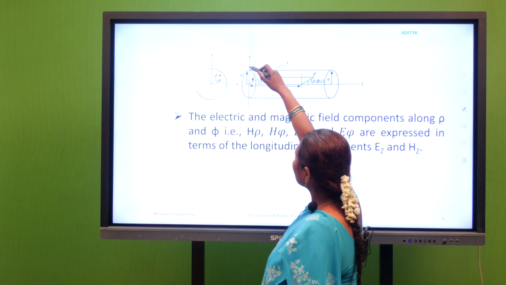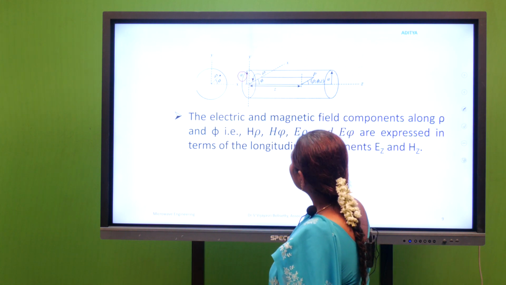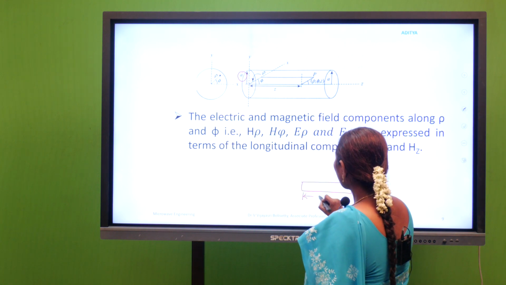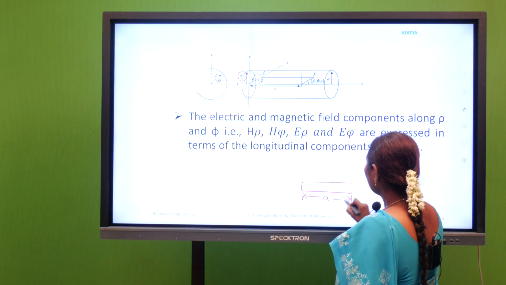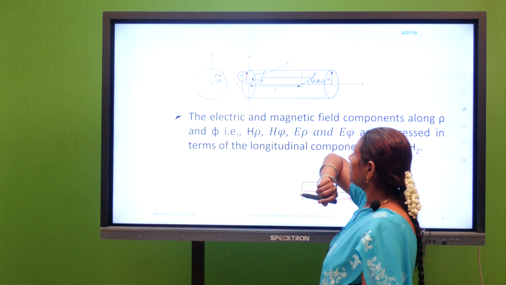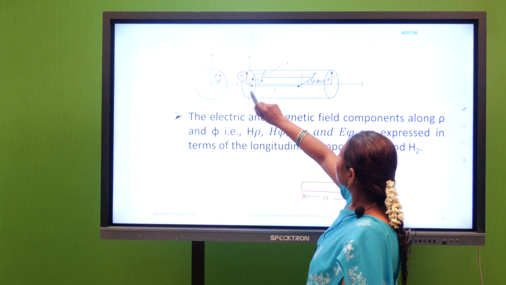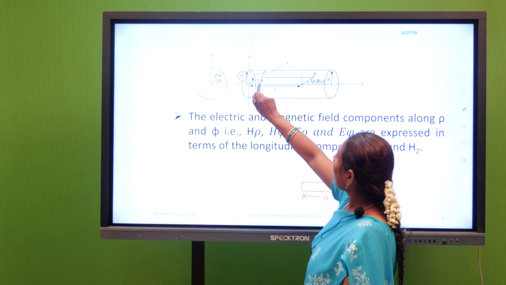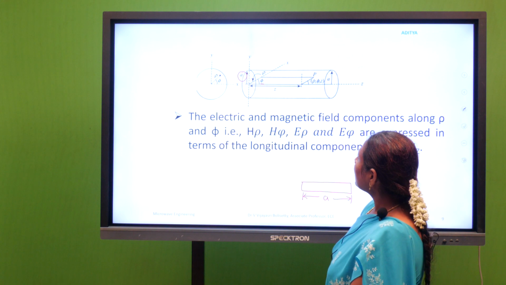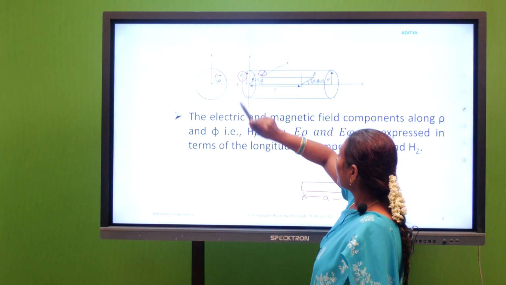So the radius we are considering is equal to a. In the rectangular coordinate system, the broader dimension is taken as a, and here the radius of the circular cross section is taken as a, and if the wave is propagating along the z direction, the angle that it makes with z, we are considering as phi, and in that direction, the plane of propagation is going to consider rho.